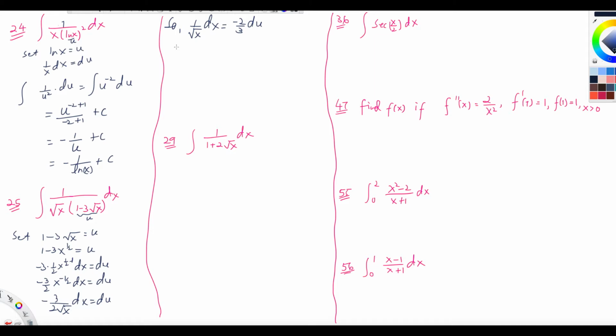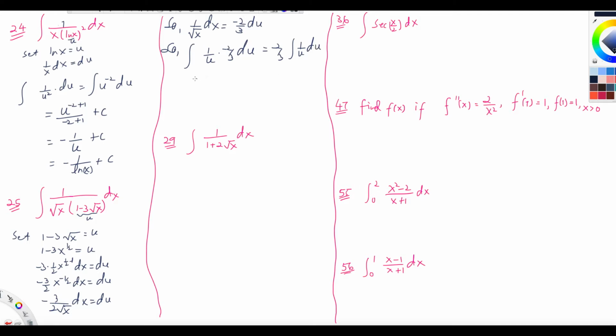So what does the integral look like? It will be 1 over u times 1 over root x dx, and 1 over root x dx will be negative 2/3 du. Since this is a number, I can pull it out, negative 2/3, and the integral of 1 over u du.